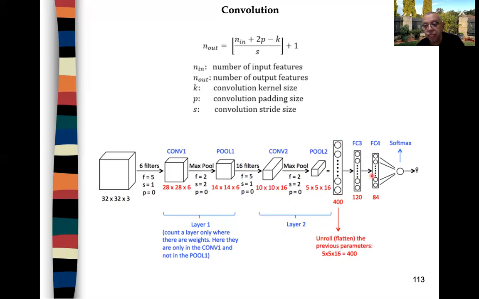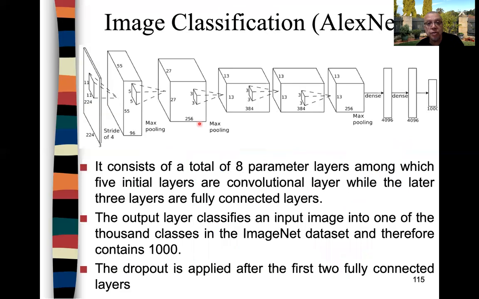And then you have a number of fully connected layers, of a number which is by design, you get by trial and error to make sure that your performance is maximized or optimized. And then also you can use meta learning to get it. And then you have a softmax at the output. Okay, so now let's look at some of the networks.